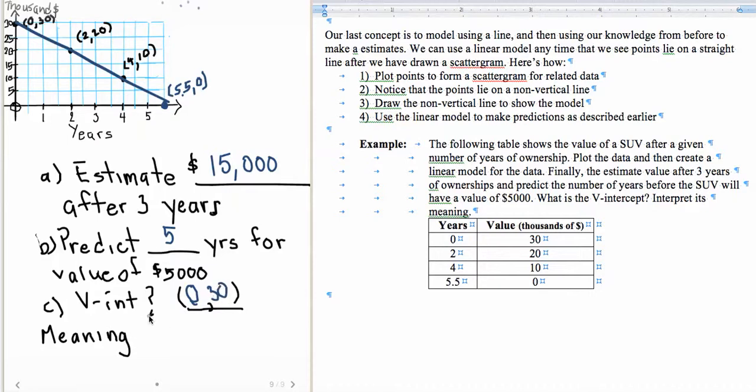What this means is that this SUV is worth $30,000 when it was bought. So I'll write that down: $30,000 at the purchase.